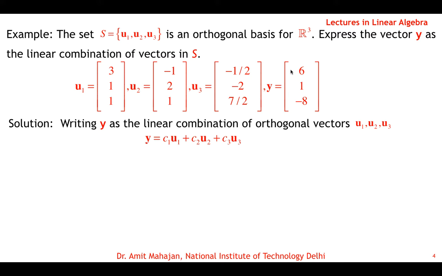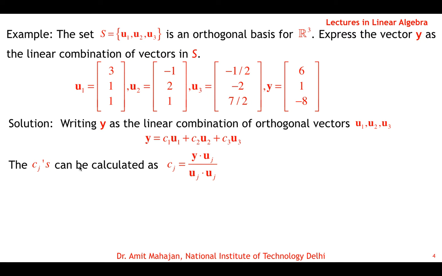So basically we need the dot product of the y vector with each of u1, u2 and u3. So y dot u1 will be 18 plus 1, 19 minus 8. And we also need the length of u1 squared, length of u2 squared, and length of u3 squared, so the squares of these added.